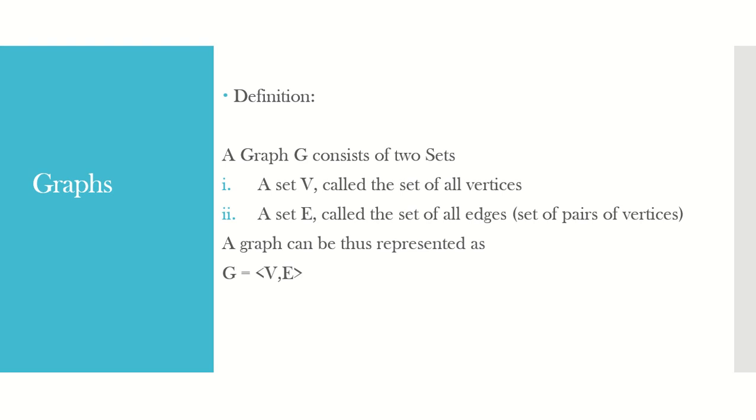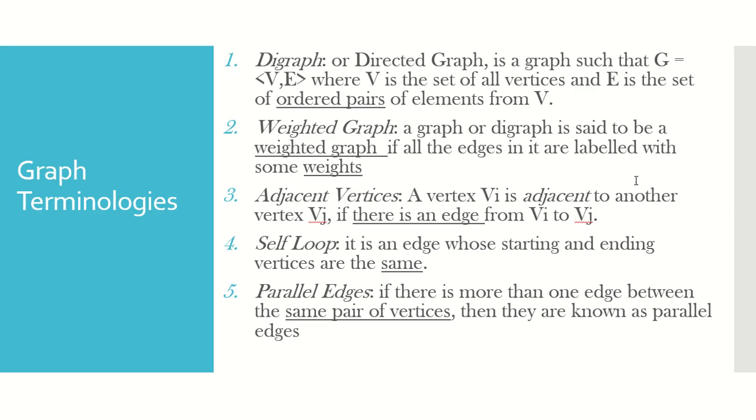Moving further, let's introduce some of the very basic terminologies associated with graphs. The first one that we have discussed before is a digraph or a directed graph. A directed graph is a graph where you have some set of vertices and some set of edges, but the edges have a direction.